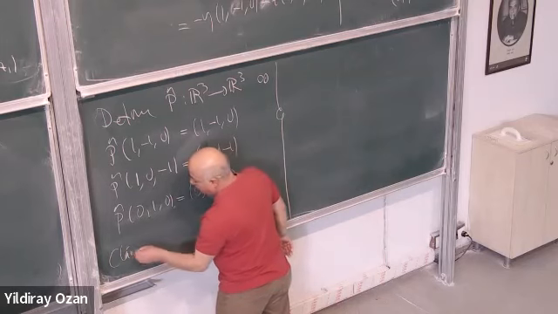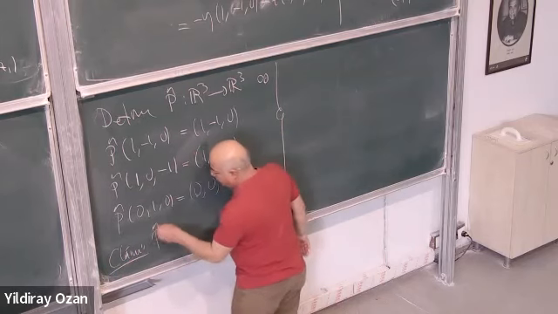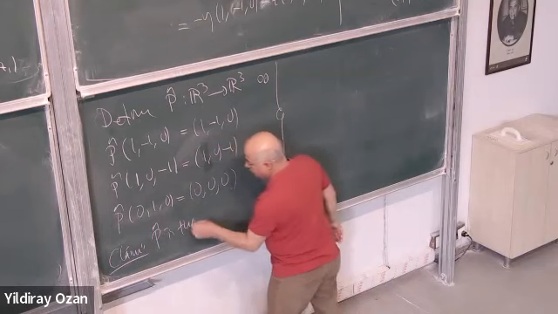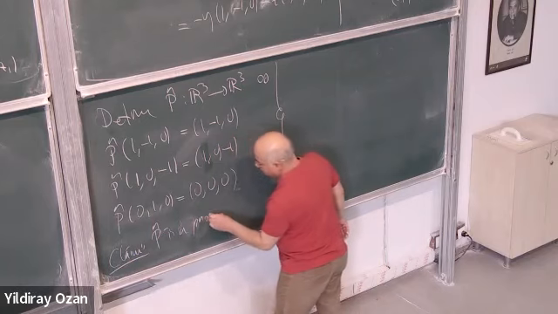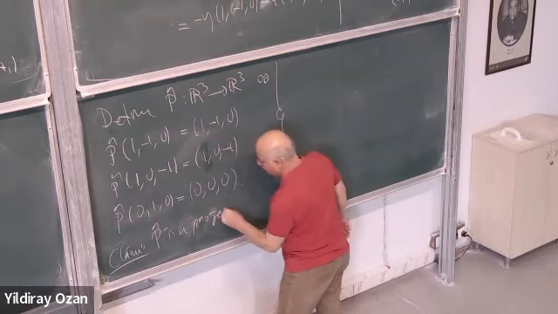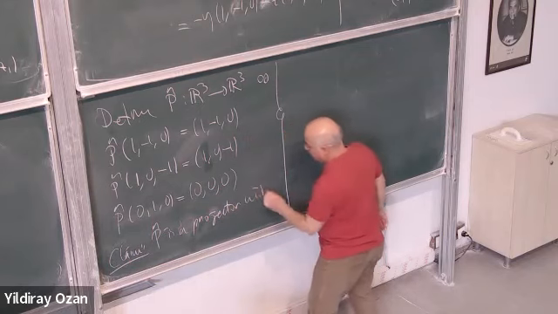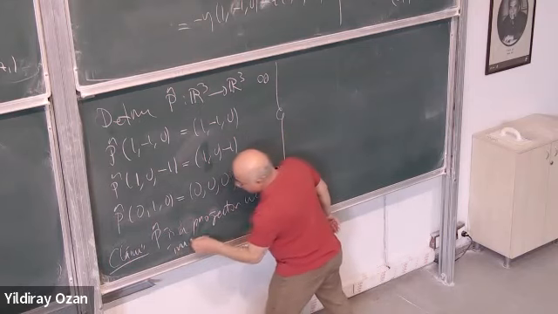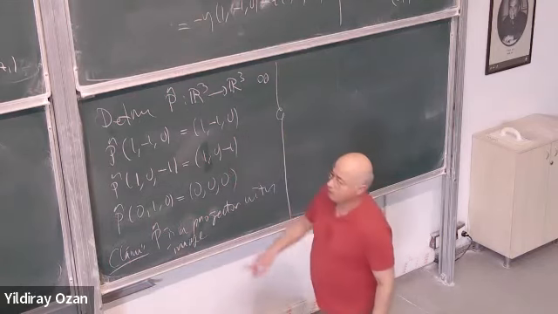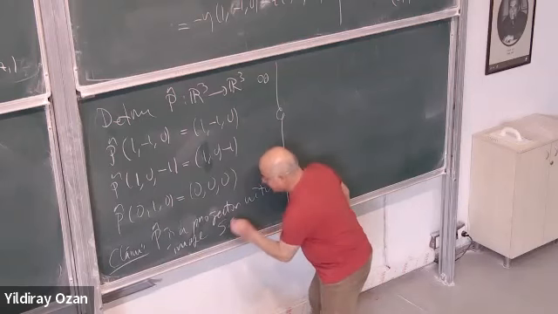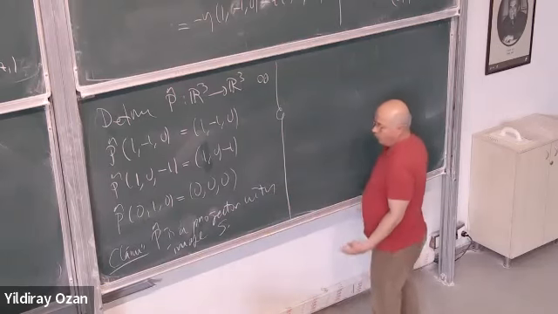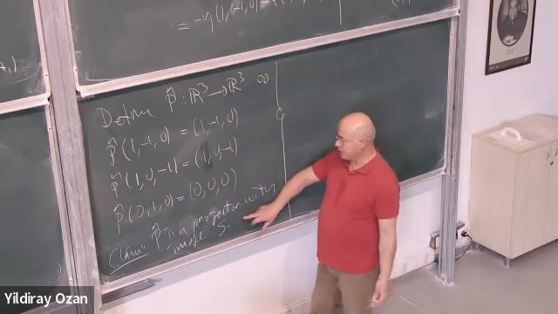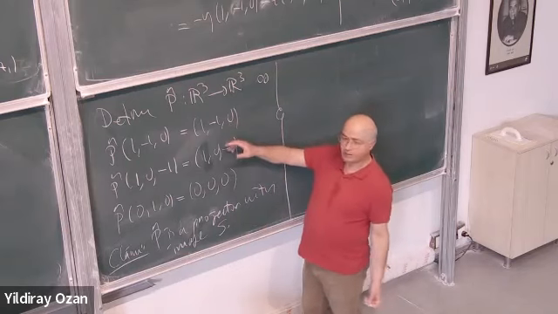Claim: P hat is a projector with image S. What was the image? S. Well, of course, the image of P is just S because of the image vectors.